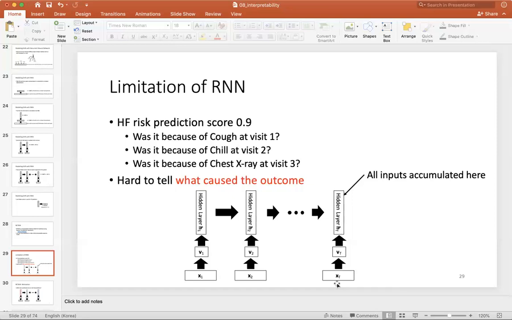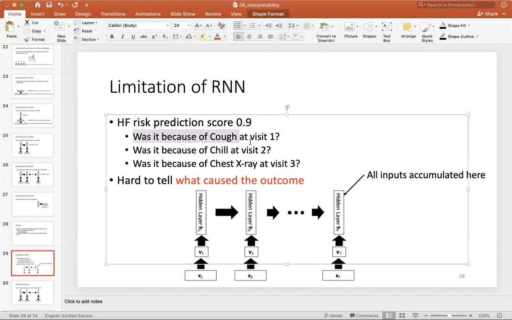So all this information goes through a lot of nonlinear transformations up until HT, which means it's really hard to decompose and backtrack your final output prediction. It's hard to backtrack from there to individual XT, X2, X1 and justify why your score is 0.9. You can't answer these questions with vanilla RNN or even GRU, which is even more complicated, and so is the case for LSTM.